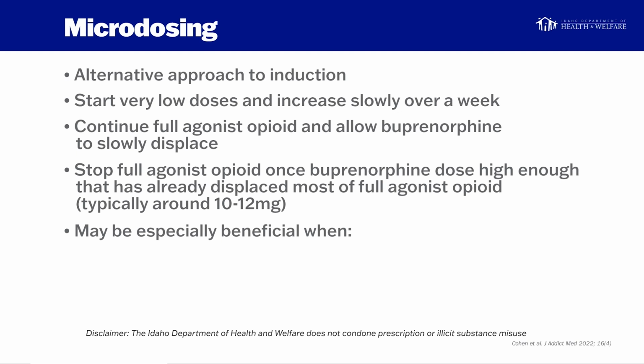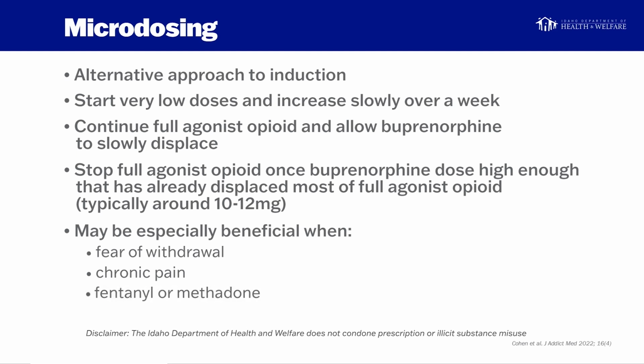Again, if somebody has a lot of fear of going through that withdrawal, it's a good option. If someone has chronic pain, and going through withdrawal will not only mean withdrawal, but also severe pain, it could be a good option. Or if somebody is on fentanyl or methadone. Fentanyl is interesting because it's incredibly short acting, but it sticks around in your fatty tissues.